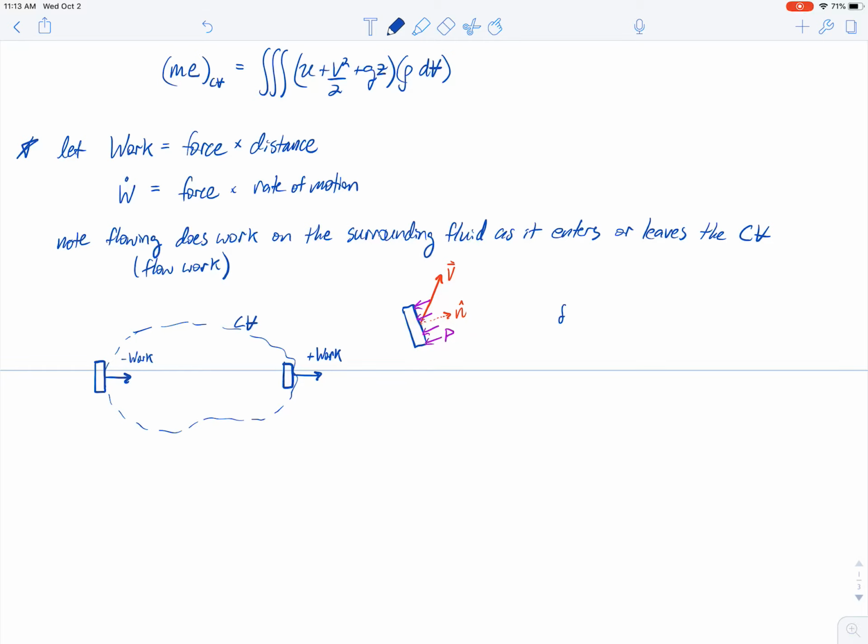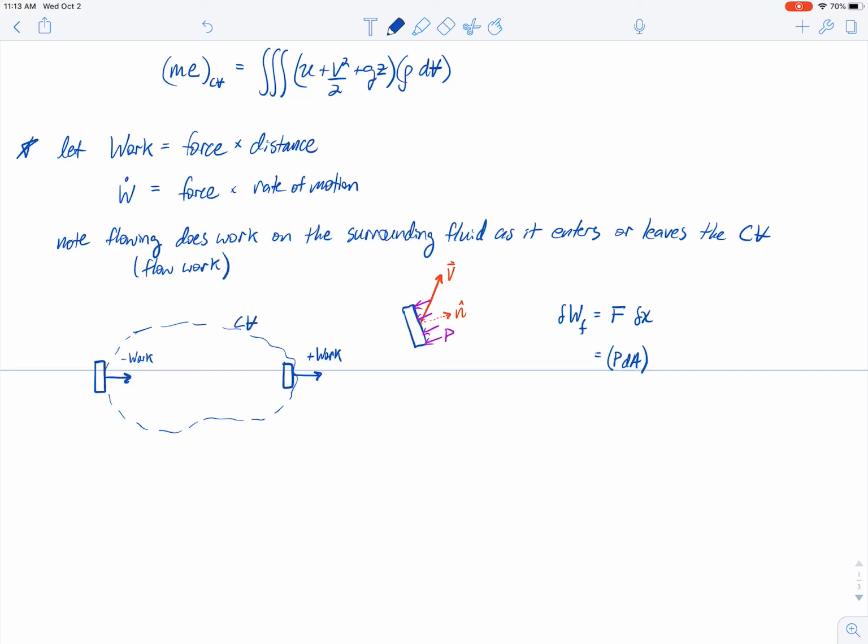Remember my definition. So for differential work of a fluid, that would look like force times a differential distance or displacement. Well, this is a fluid, so I can describe the force in terms of the pressure on the fluid over the differential area of the fluid.